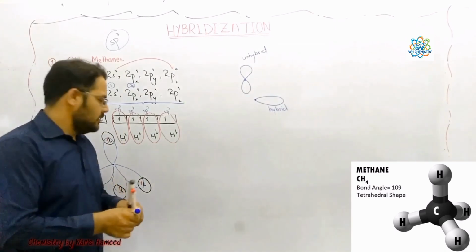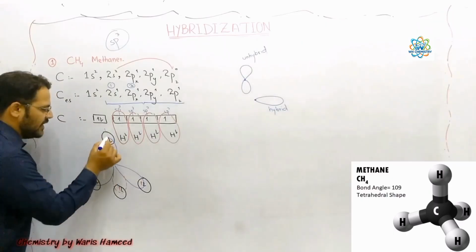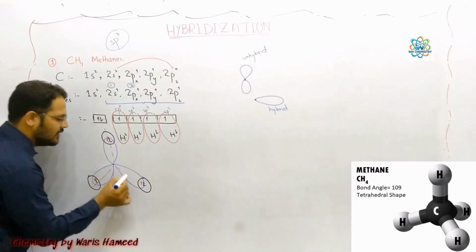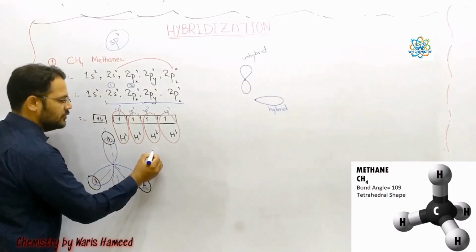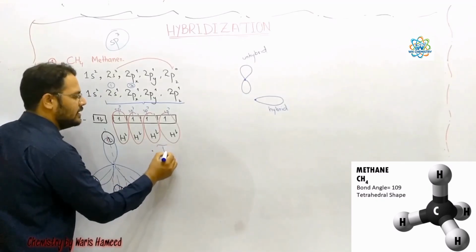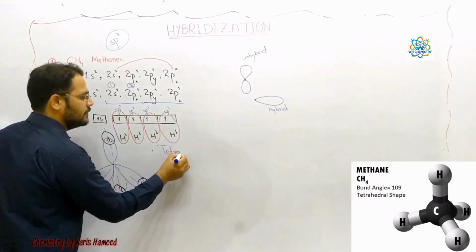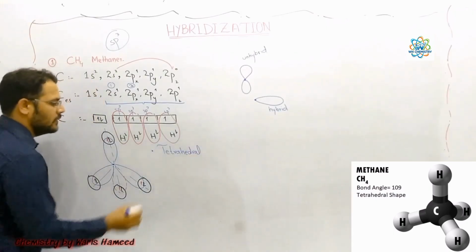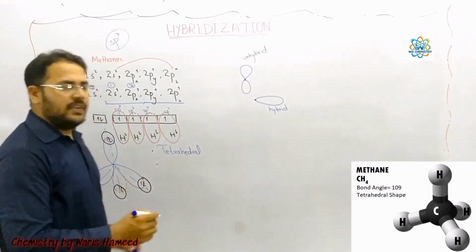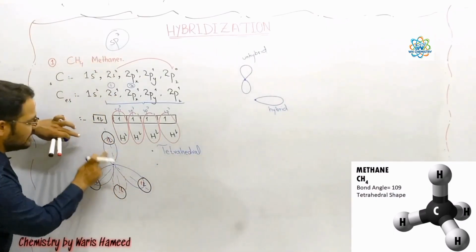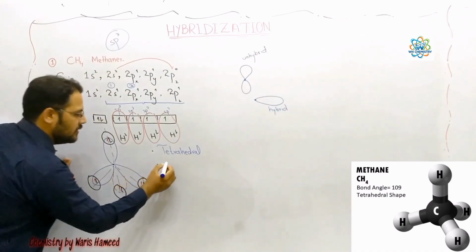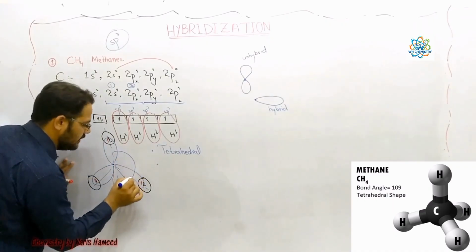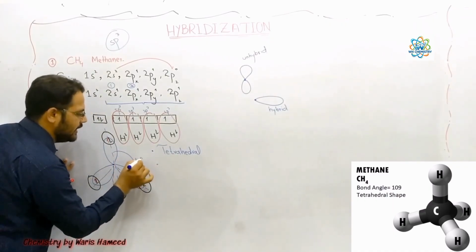In this case, the geometry of the molecule will be tetrahedral. The angle between hydrogen, carbon and hydrogen will be 109 degrees.